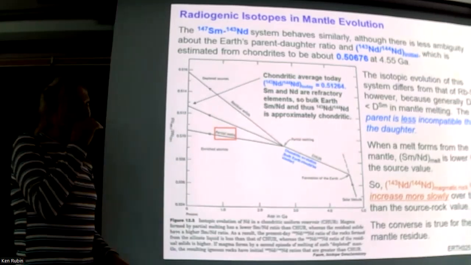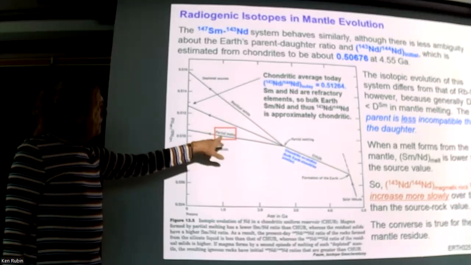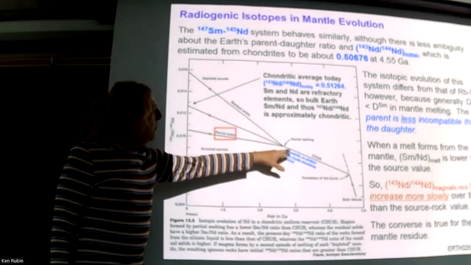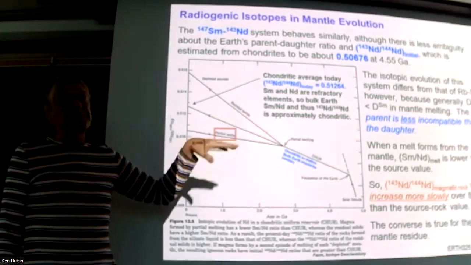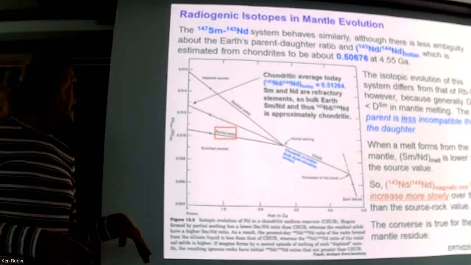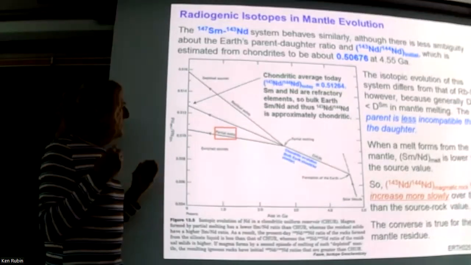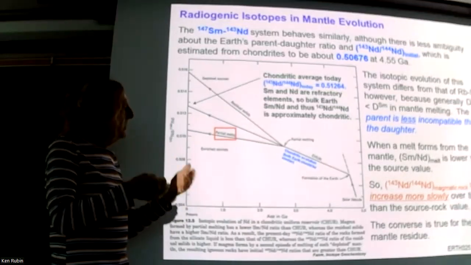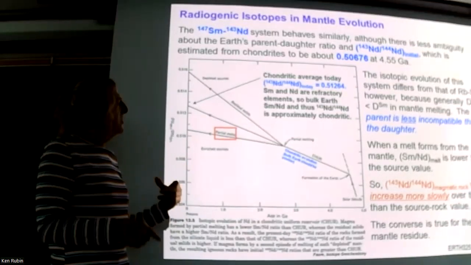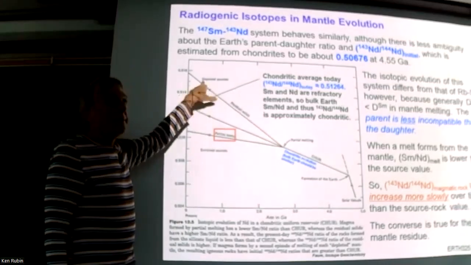So in this case, the melts that come off the mantle evolve more slowly than the mature line because they have less parent. And the residue, the stuff that's left behind in the mantle, even though it's lower in concentration of both samarium and neodymium, has relatively more samarium, so it evolves more quickly.